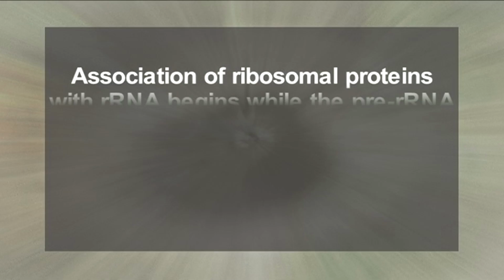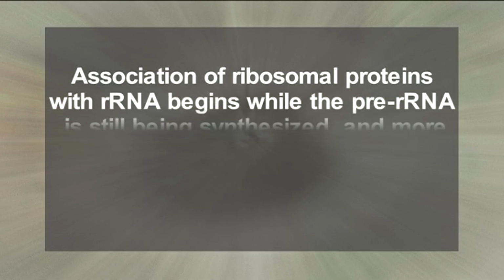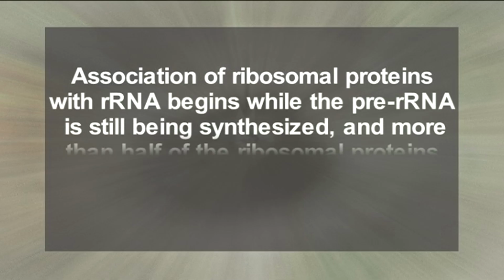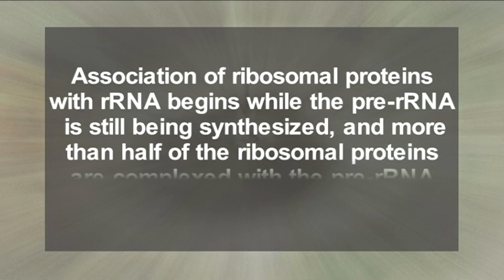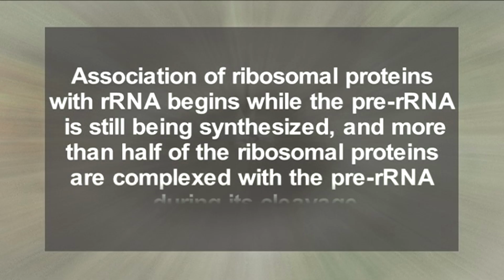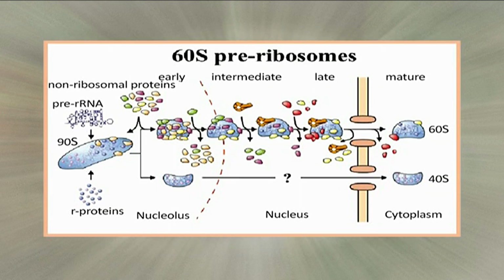The association of ribosomal proteins with rRNA begins while the pre-rRNA is still being synthesized, and more than half of the ribosomal proteins are complexed with the pre-rRNA during its cleavage. The remaining ribosomal proteins and the 5S rRNA are incorporated into pre-ribosomal particles as cleavage of the pre-rRNA proceeds.